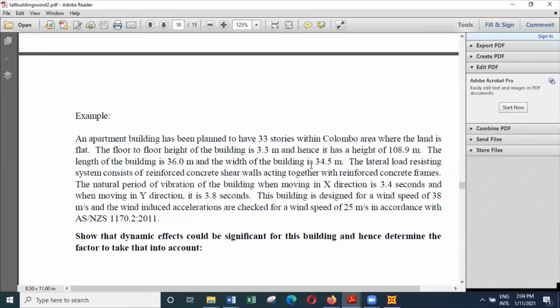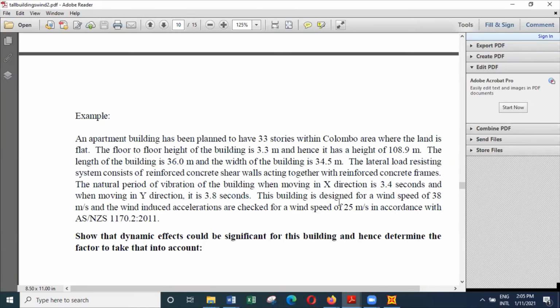The natural period of vibration is also given. And we have been asked to determine the C dynamic value for a wind speed of 38 meters per second, and also to see the acceleration of the building.